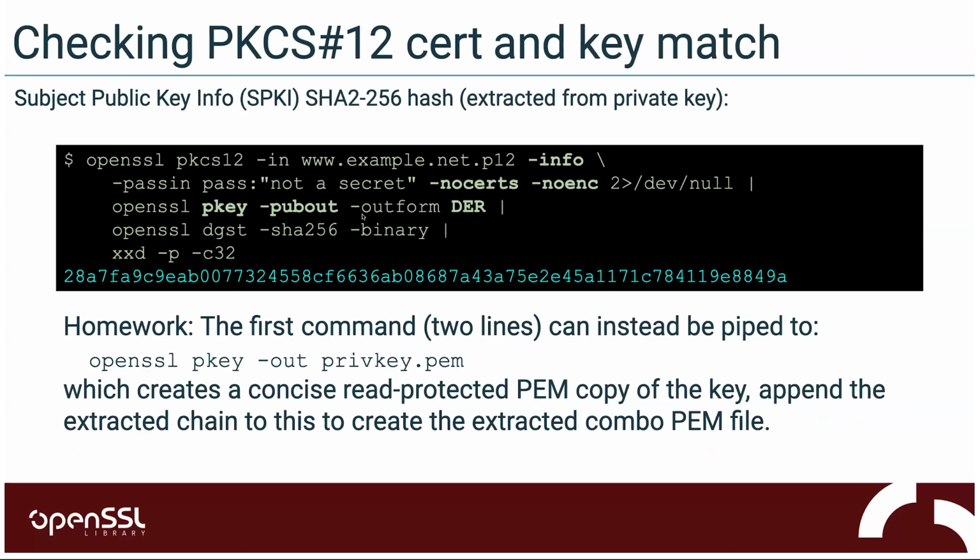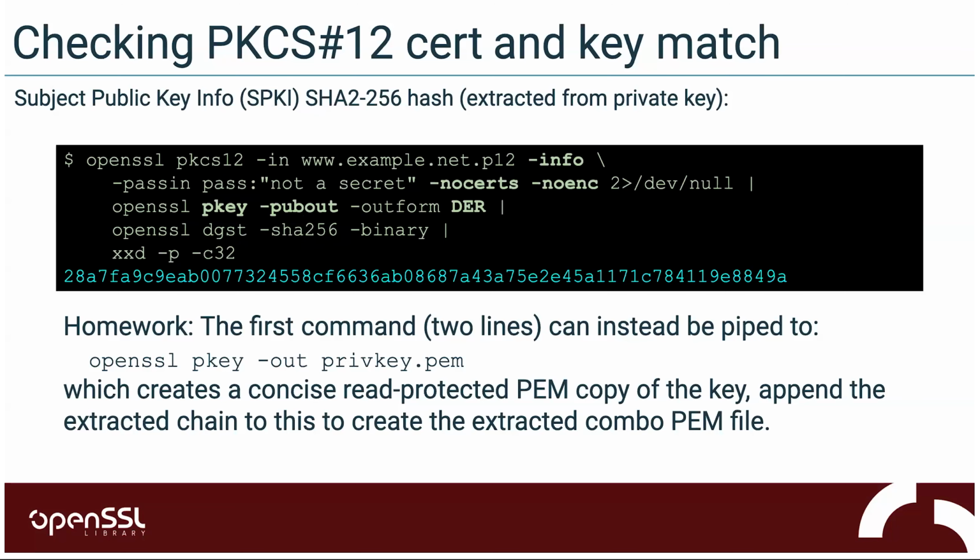And then again, we can take that private key and ask for its public part in DER format. Again, we can compute the digest, and what do you know? We see that we have the same public key digest as we had before. This covers the algorithm and the key content. So we're seeing that the right public key ended up as being the public key part of the private key.